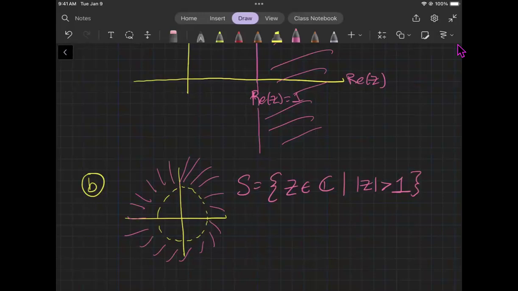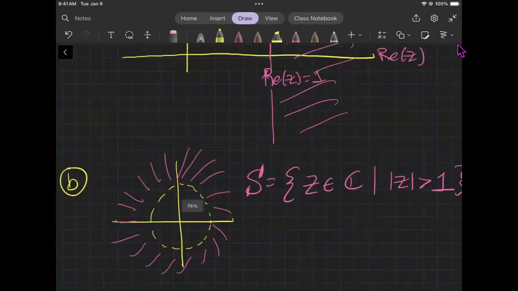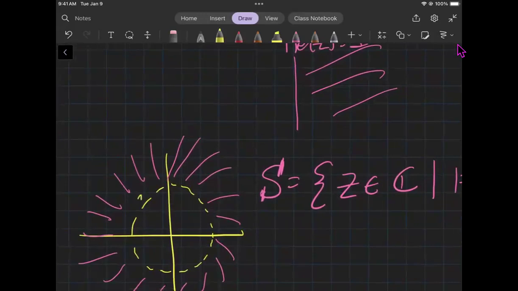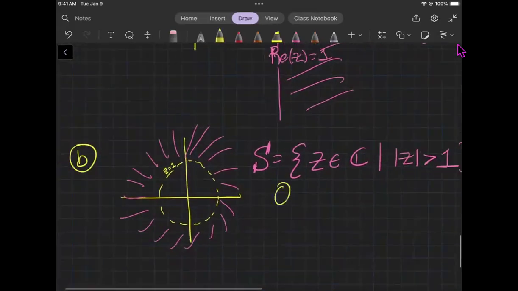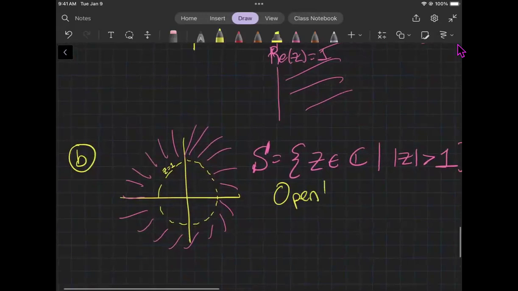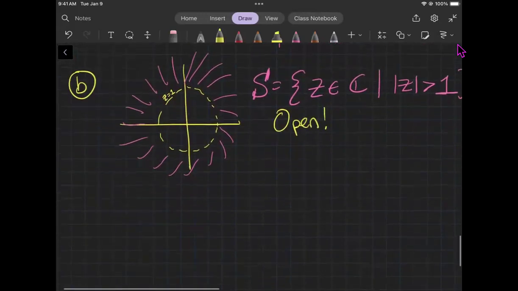So S would be the complex numbers for which the modulus of Z, the length, is greater than 1. Okay. So right here, the dashed line indicates the unit circle, where the modulus of Z equals 1. Okay. So in this case, this would be an open set. We are not including the boundary of the unit circle.